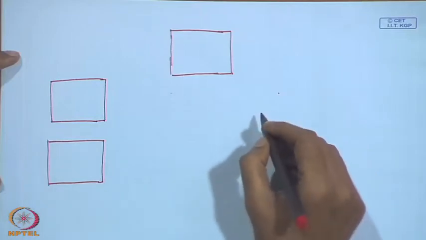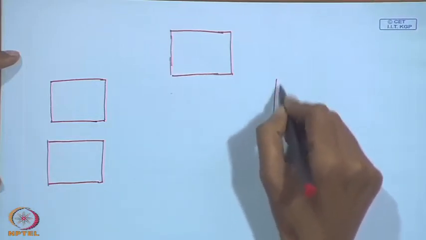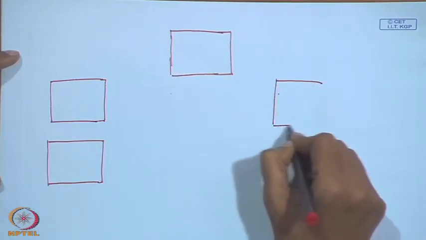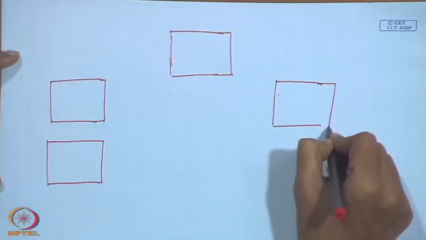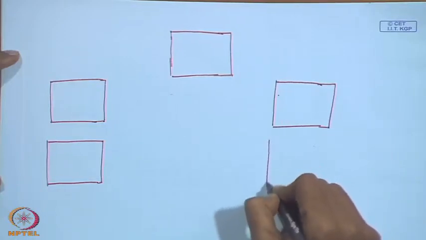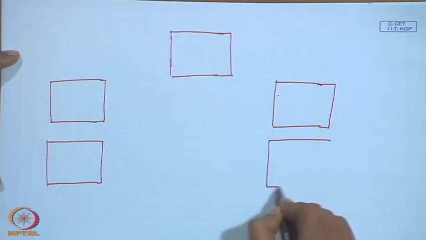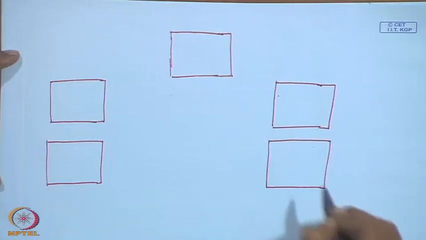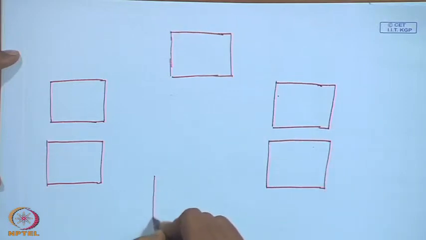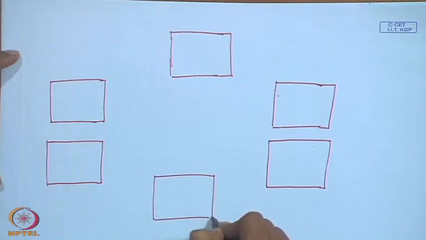So, these are the different steps. Then on the right you can have one more here, and one more.